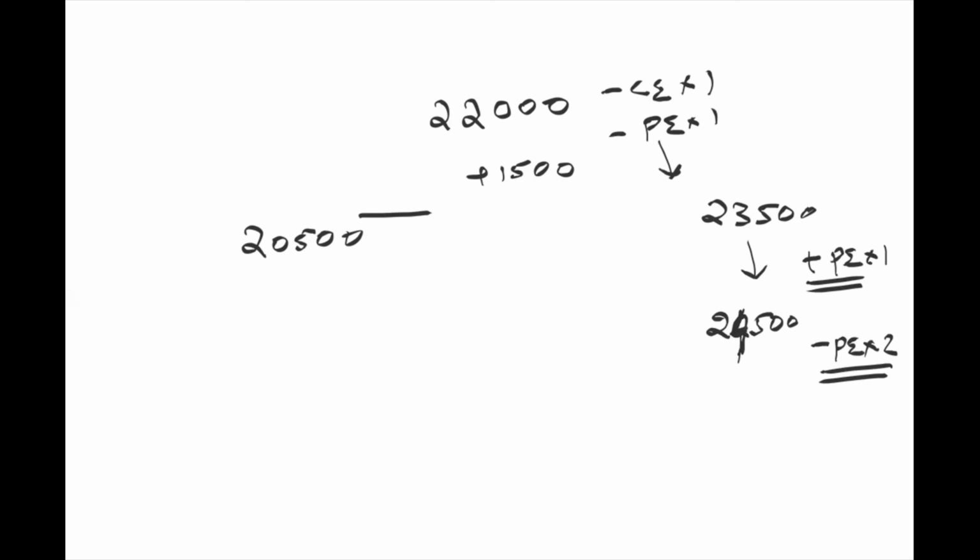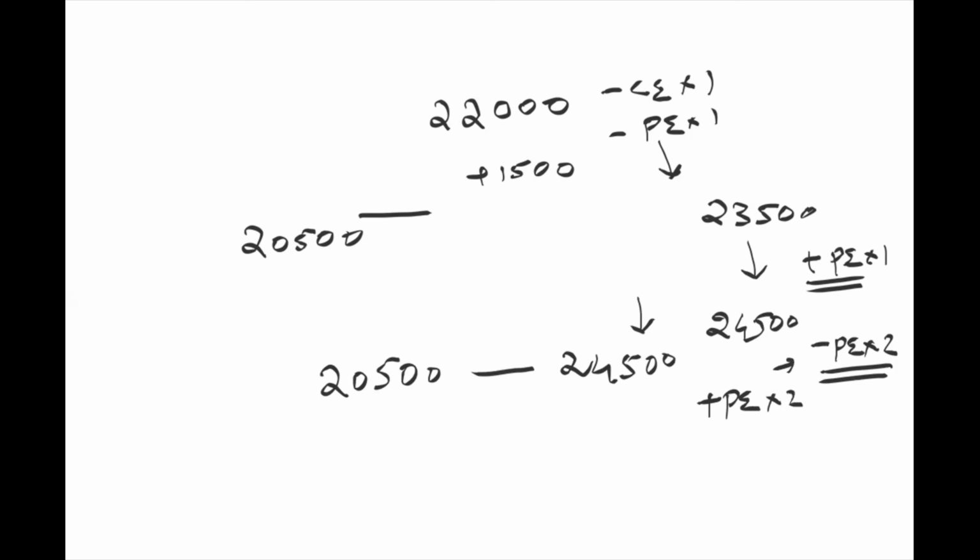Okay, so 24,500. So now what is your range? 20,500 to 24,500. Now if it comes to 24,500, what will you be doing? You will be buying these 2 PE, and to finance that you will be selling 4 PE at 25,500.